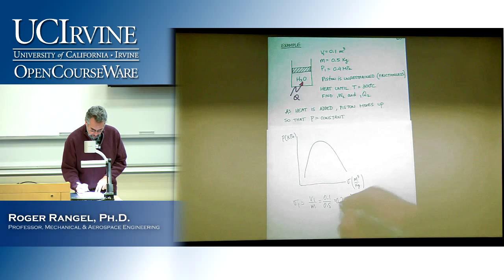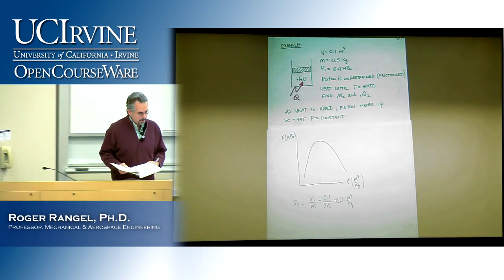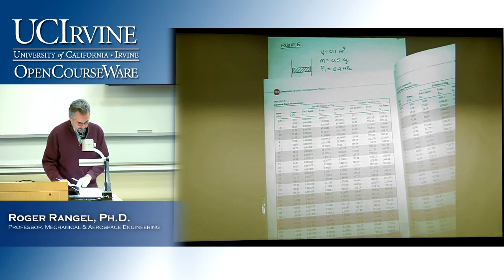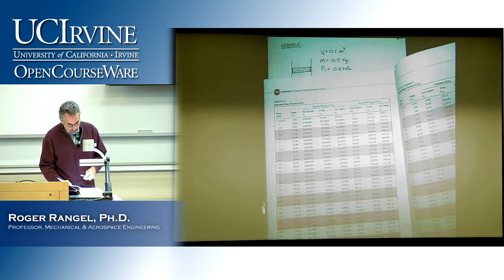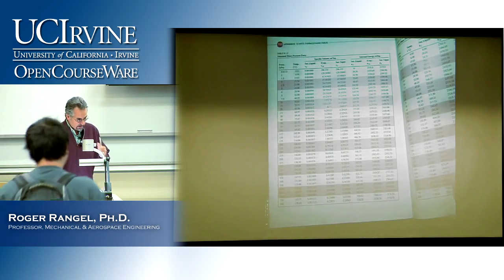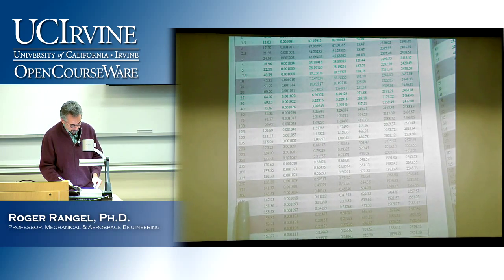That will allow me to now go into the tables. And I'm hoping that by now you all can do this, but just one more time, if you go to the pressure table for water, saturated pressure table, then since the given pressure is 0.4 megapascals, which is 400 kilopascals, you would come here to the 400 kilopascal line and look at your v sub f, which is going to be about 10 to the minus 3, and look at your v sub g, which in this case is 0.46.